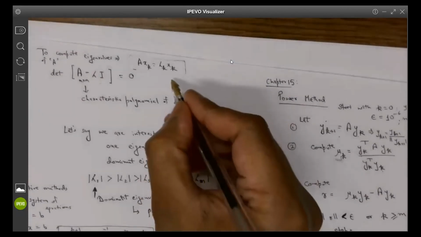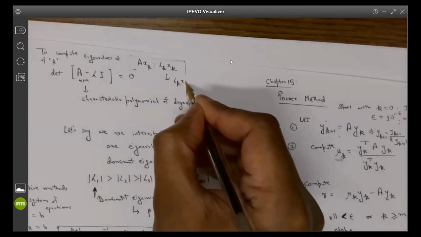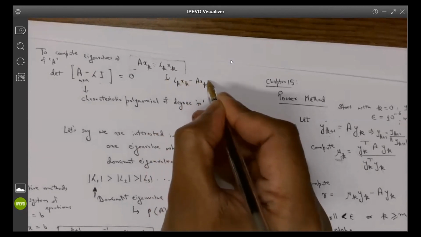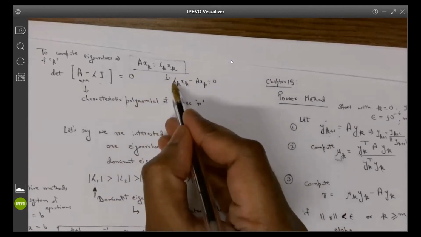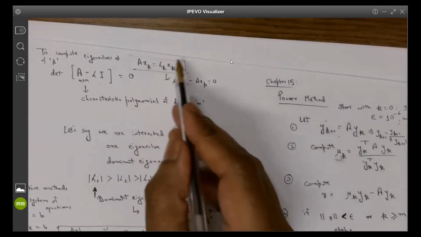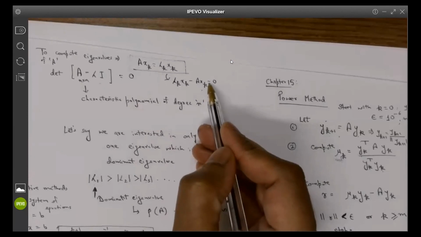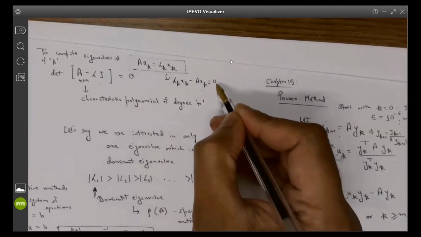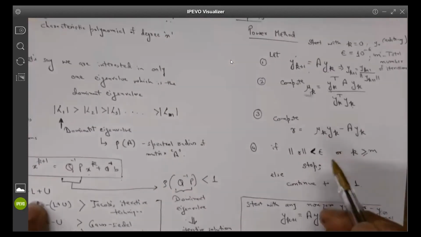Here, lambda k x k minus A x k will be equal to 0, isn't it? If I take this on the right hand side, it basically becomes this equation, right? So that is what I'm doing here.